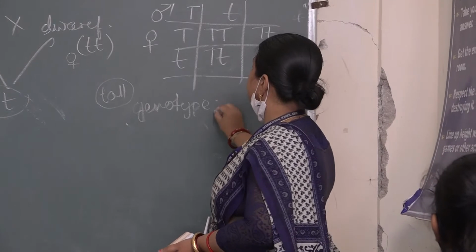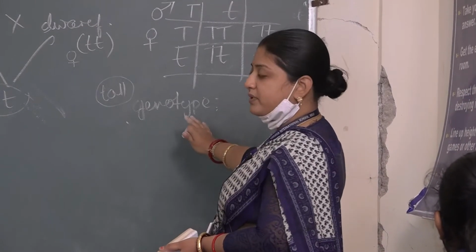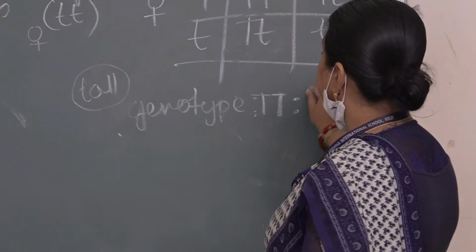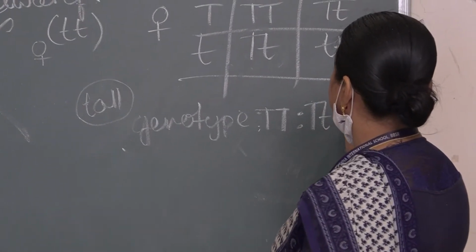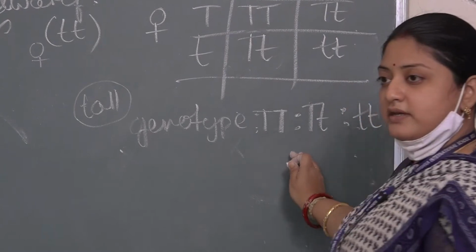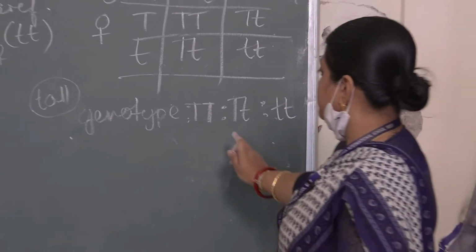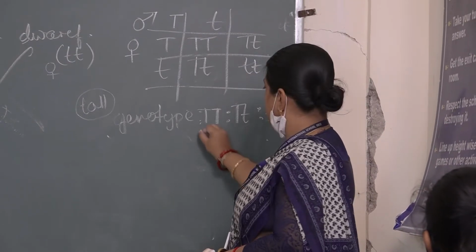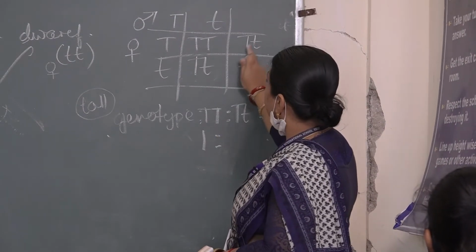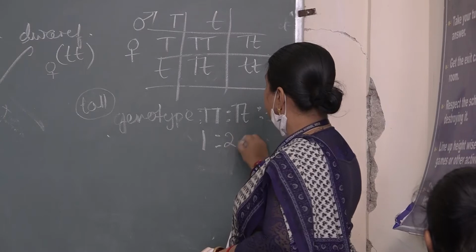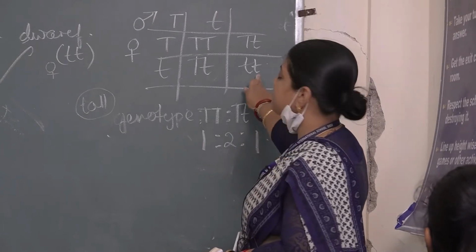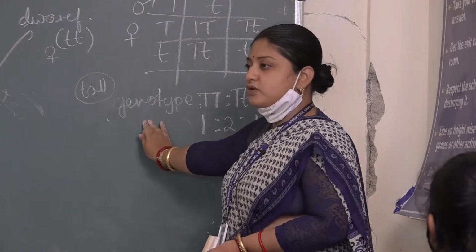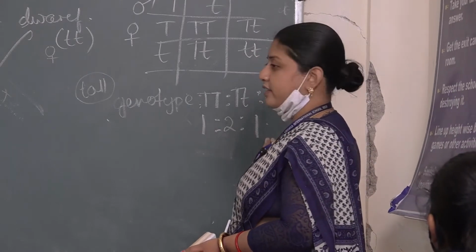So the genotypic ratio is capital T capital T to capital T small t to small t small t. How many of each? 1 capital T capital T, 2 capital T small t, and 1 small t small t. So the genotypic ratio will be 1:2:1.